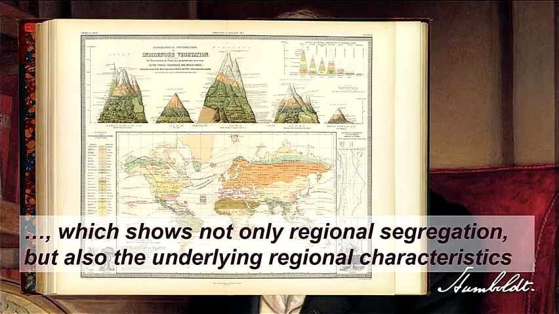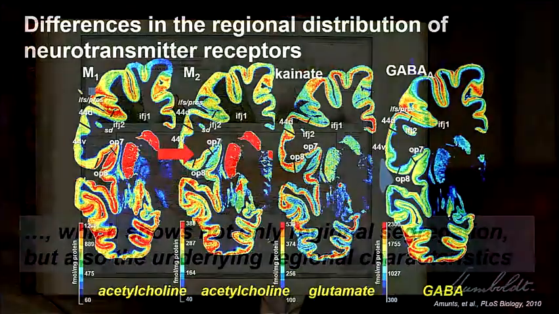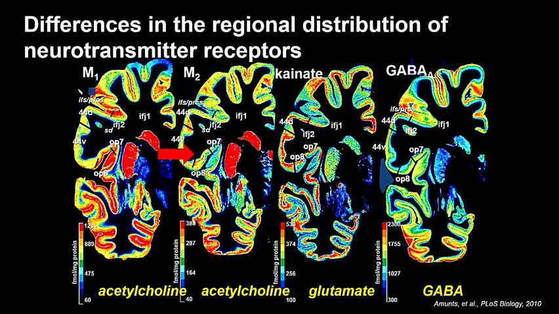It is very similar here in Humboldt's map, which also reflected different aspects of organization of the Earth, and we can do the same and learn from it in the brain. One important aspect, in addition to cytoarchitectonics, is the so-called receptor architecture, which shows the distribution of receptor types of different neurotransmitter systems, and Karl Zilles will talk about it a couple of minutes later.